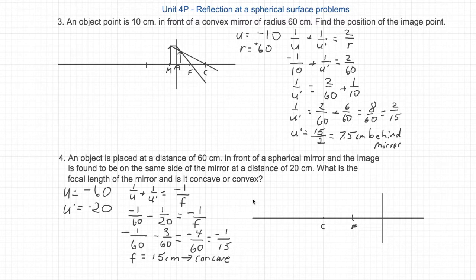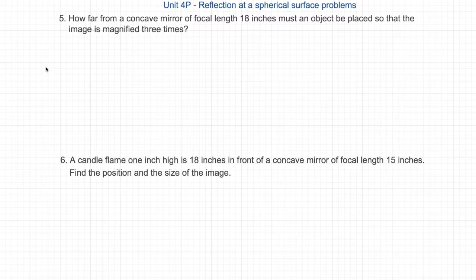Place our object right at that point, and send our parallel ray reflecting through F, or ray along the normal through C, and we see our image is inverted and real, about the distance we expected.